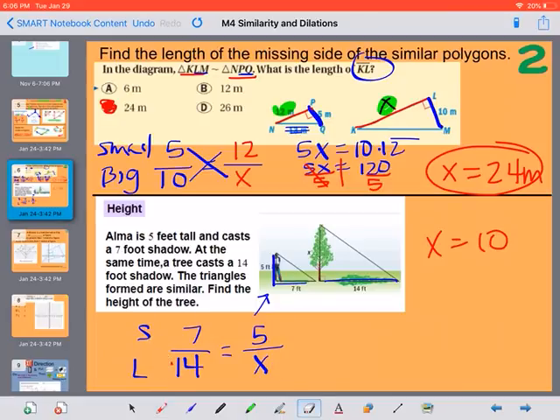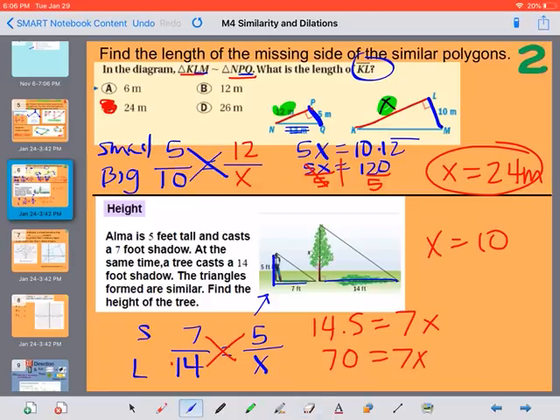However, if you cross multiplied, you will get the same answer. 14 times 5 on one side and 7 times X on the other. 14 times 5 is 70. So 70 equals 7x.